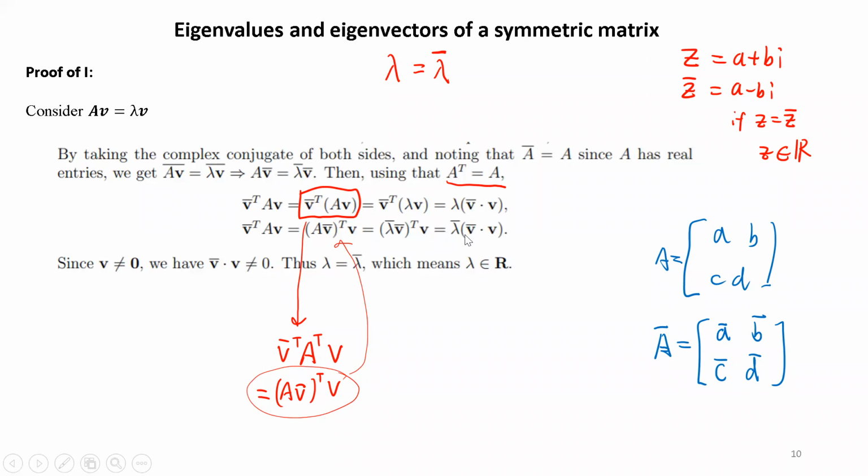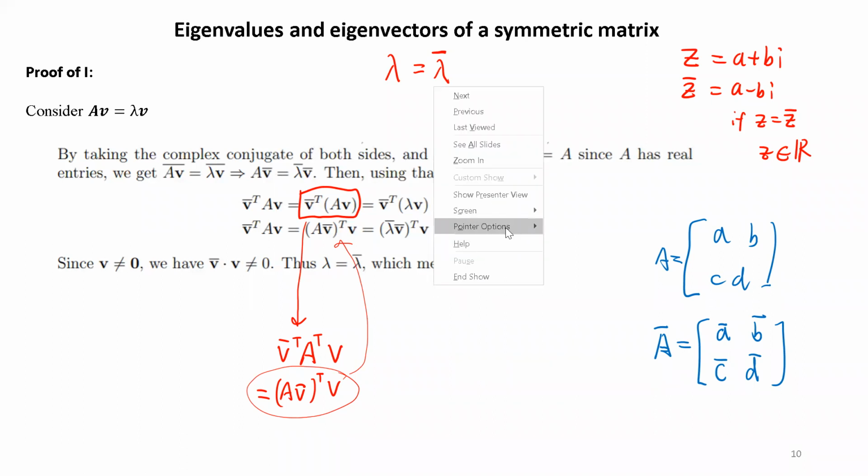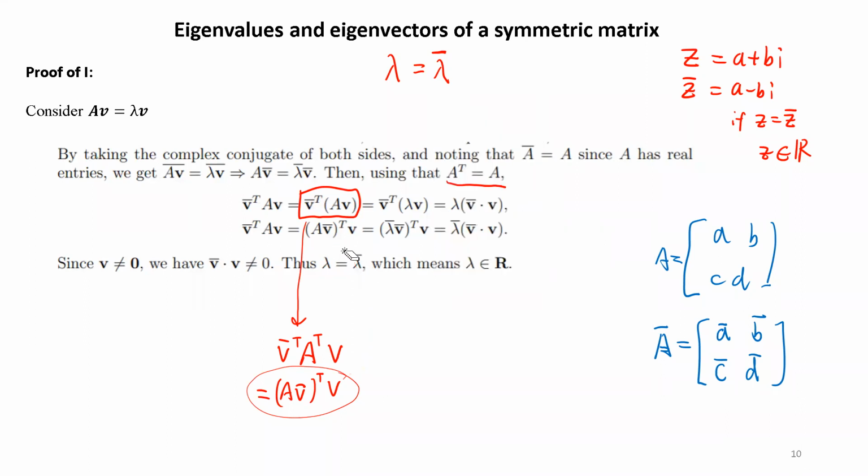By definition, V itself is not a zero vector; the eigenvector is not a zero vector, otherwise it's not an eigenvector. That means we have lambda equals lambda conjugate, which is exactly what we want to show. So lambda itself is real.